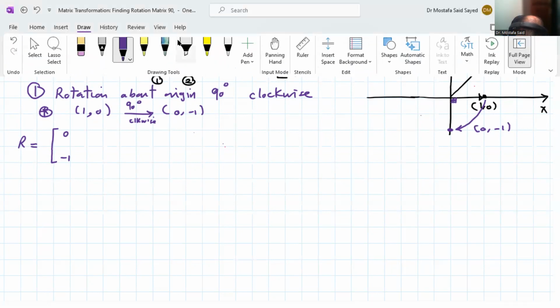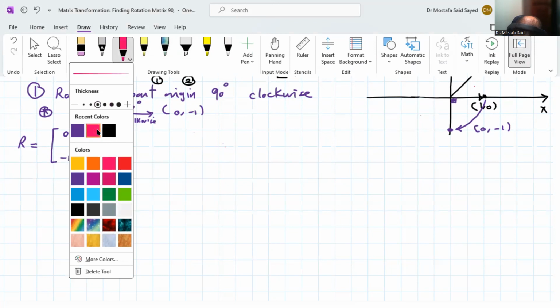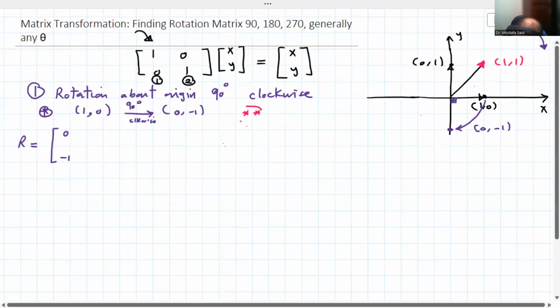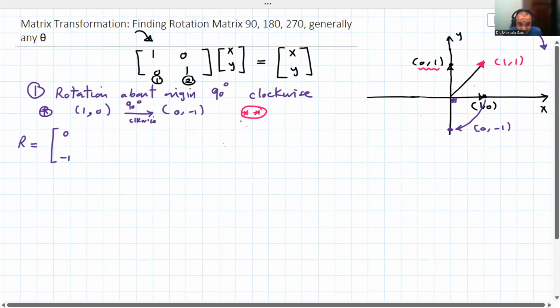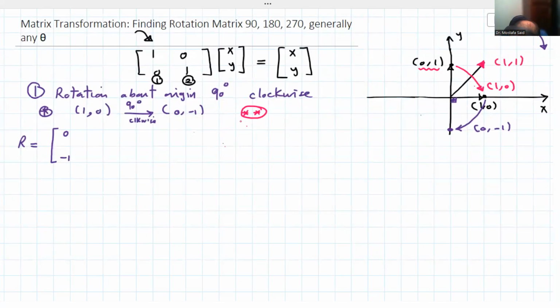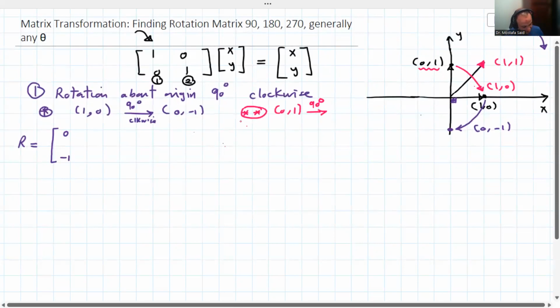Two asterisks. Let's make it with another color, like red. What's going to happen when we rotate the 0, 1, the second point, 90 degrees clockwise? We take this vector and rotate it like that, so it will end up at 1, 0. So the 0, 1, when we rotate it 90 degrees clockwise, will end up at 1, 0.